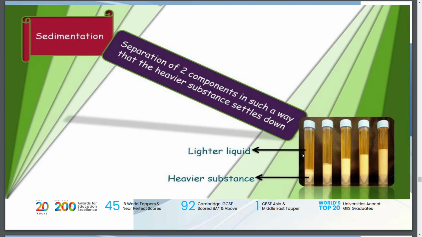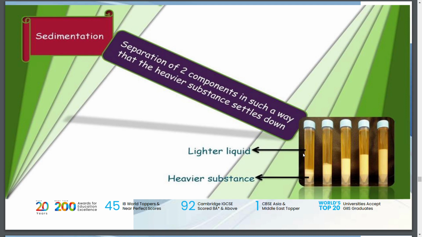As you can see here, there are a lighter and a heavier object. The first one is oil, and it is above the water, or you can call it sand. The oil is really lighter.